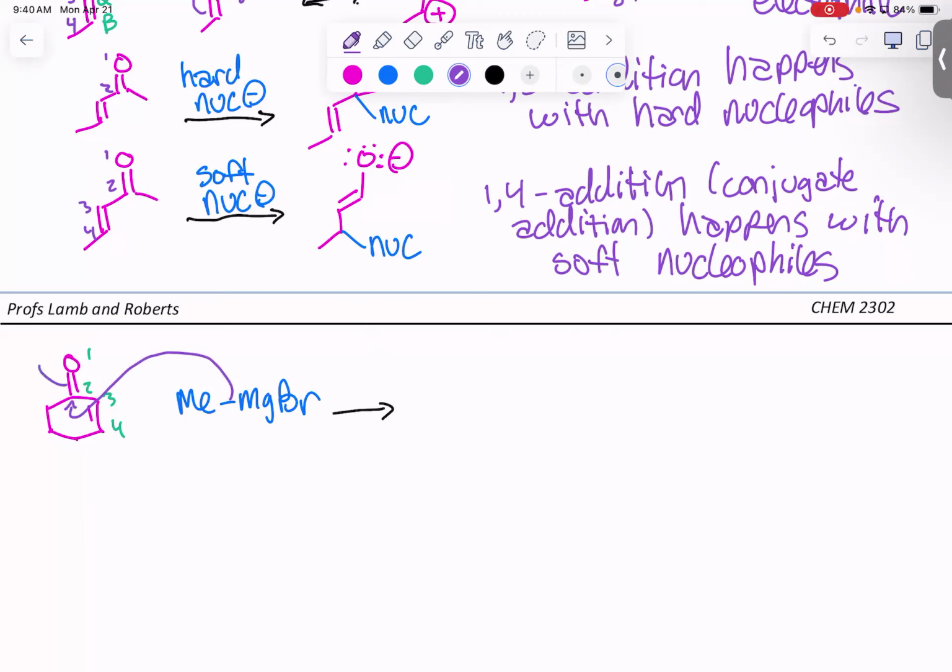And then that would break that CO double bond and place our electrons back onto our oxygen. So we haven't done anything to that CC double bond. Nothing has happened there. What we've done is we've made an alkoxide, so negatively charged. We've added in our methyl group, and then our magnesium bromide is going to be our counterion.